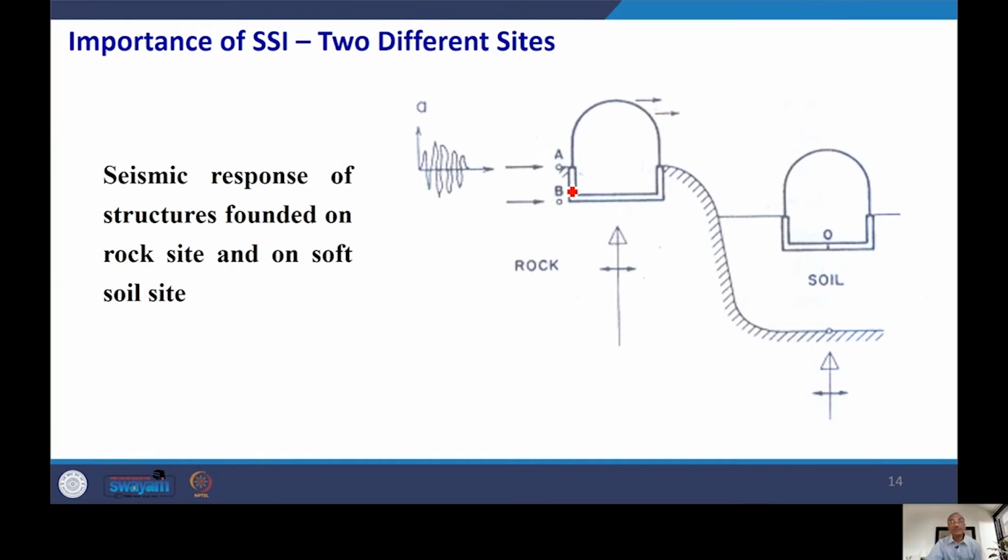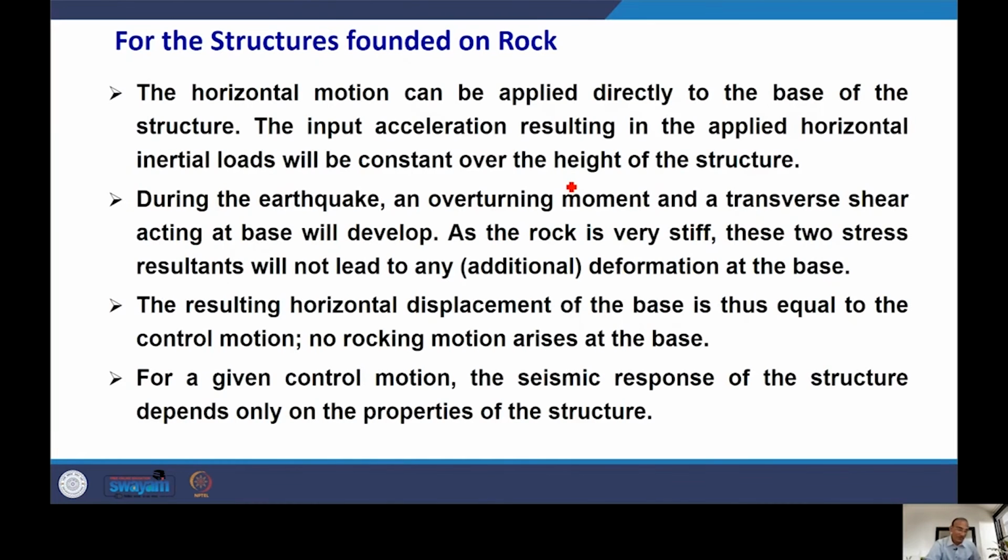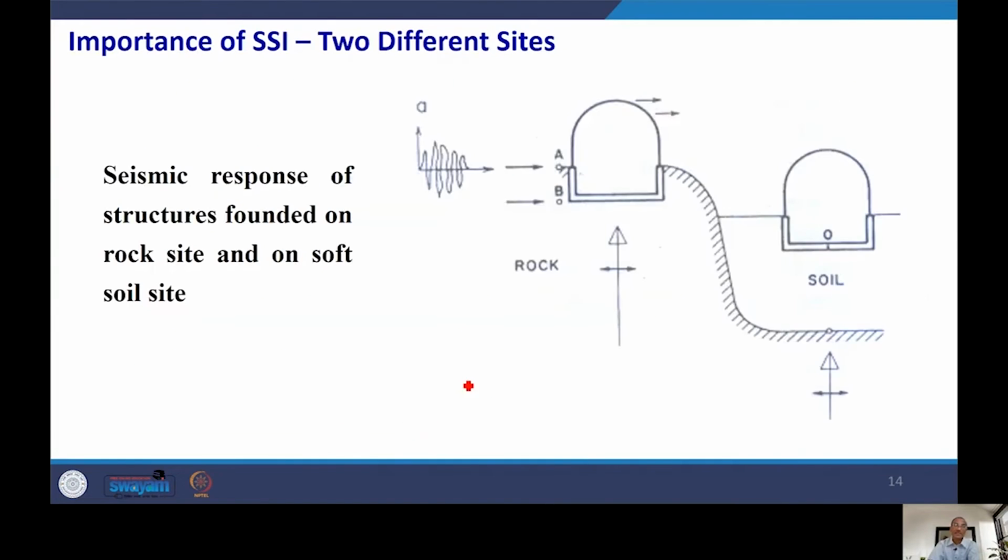For structures founded on rock, the horizontal motion can be applied directly to the base of the structure. The input acceleration resulting in the applied horizontal inertial load will be constant over the height of the structure. So when your structure is situated on the rock, this input motion coming from seismographs or instrumentation can be directly applied to the base of the structure.